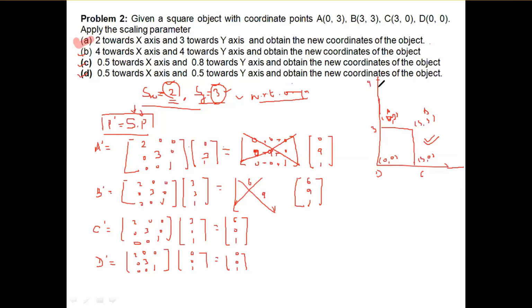So 0, 9 is this point. Next is B dash, 6, 9, then C dash, 6, 0, and D dash, 0, 0.